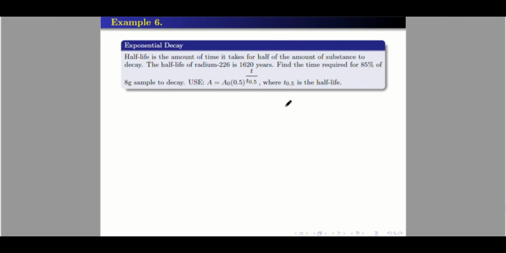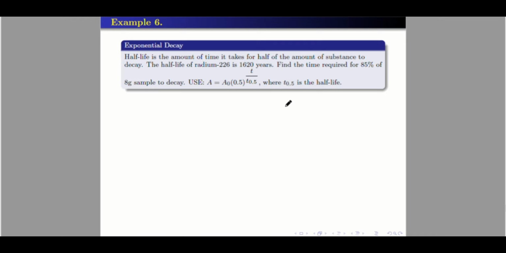Okay, last example, exponential decay. Now, half-life is the amount of time it takes for half of the amount of substance to decay. Now, the half-life of radium-226 is 1,620 years. Find the time required for 85% of an 8-gram sample to decay.